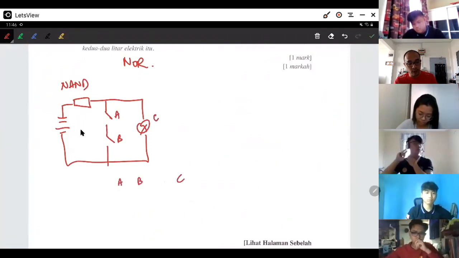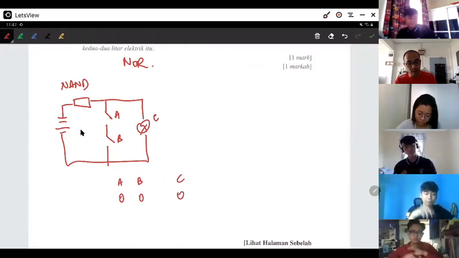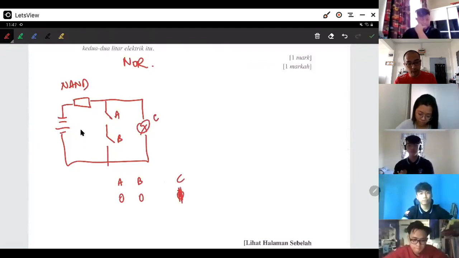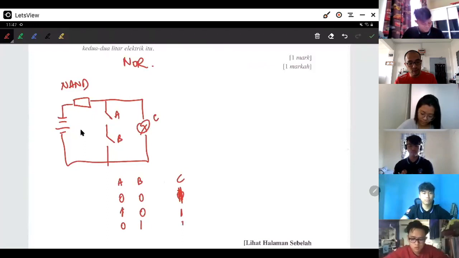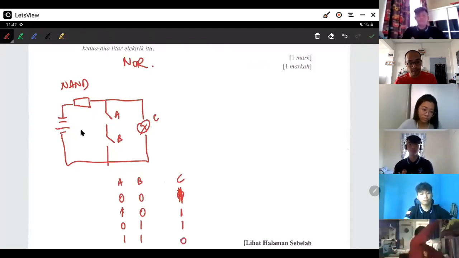If both switches are off, it will be on. If one switch is on, it will still be on. Both switches on, then it will be off. This is the NAND arrangement.